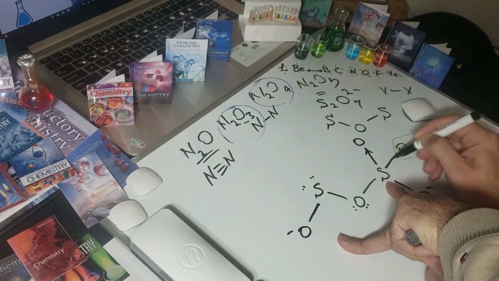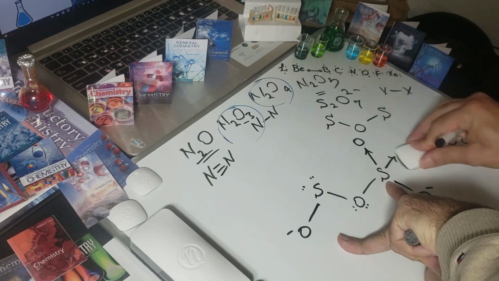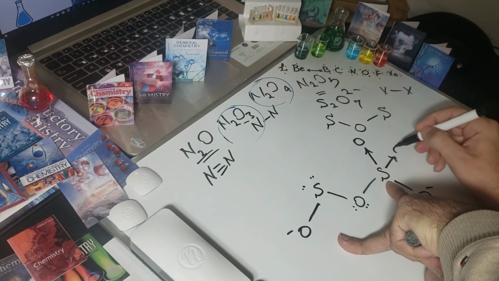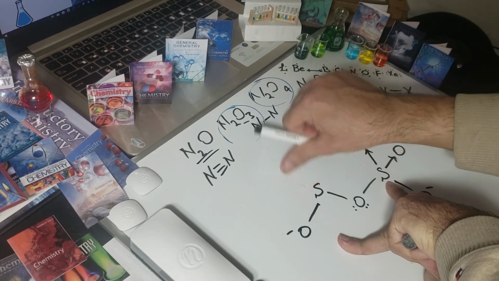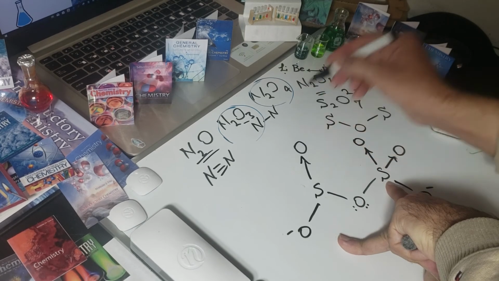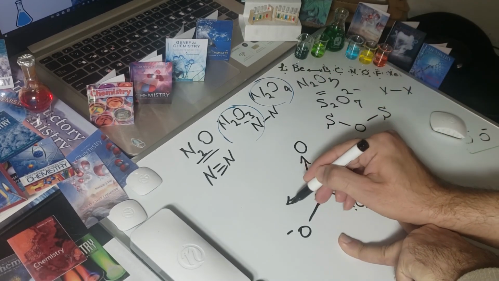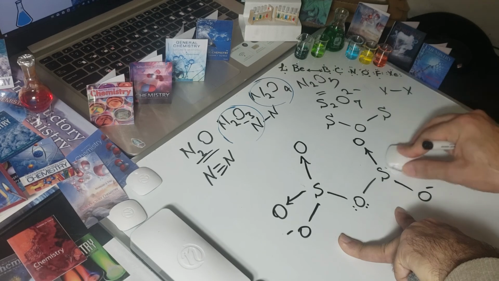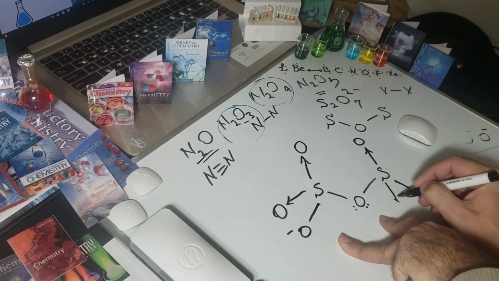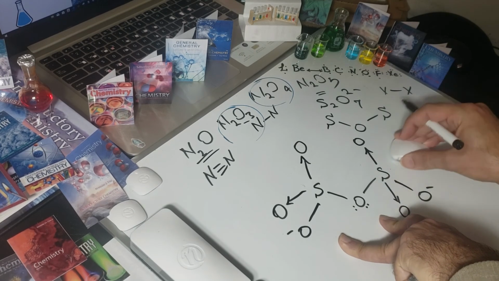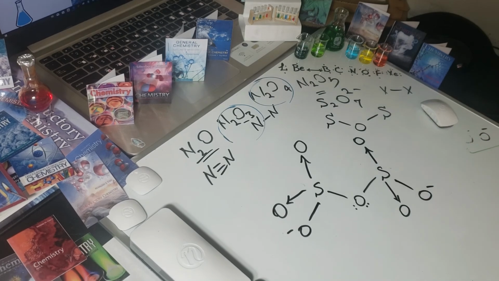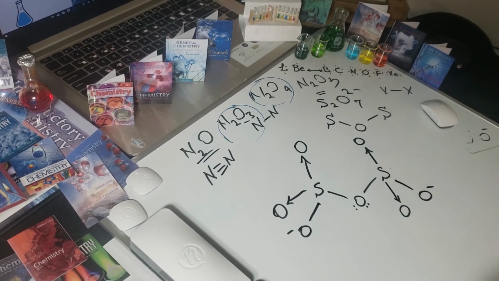So I do donate 2 of them. Let's just get rid of these 4, and I'm just trying to put them in correct order. And you could see that now I have 2 tetrahedral frameworks.